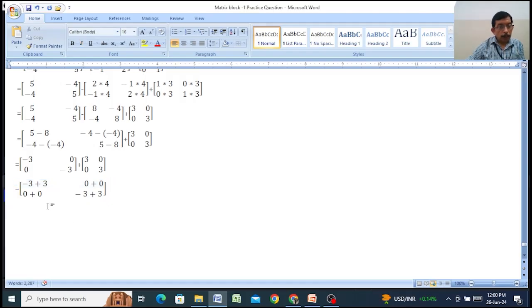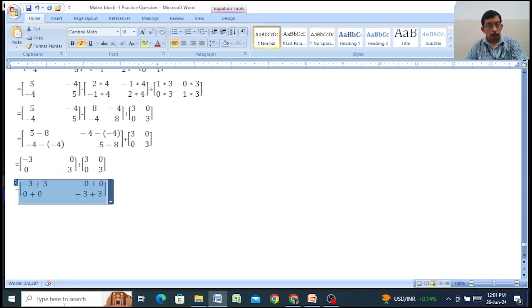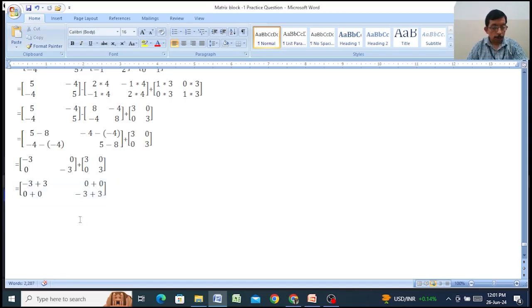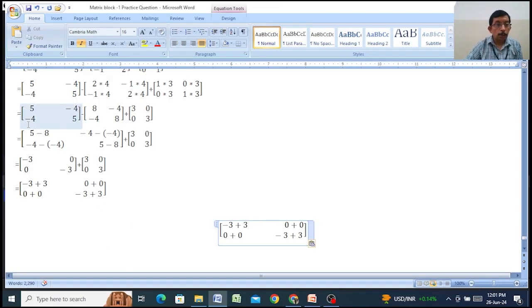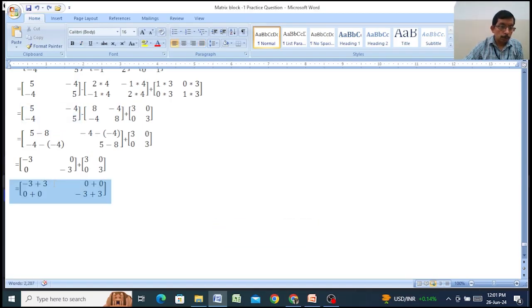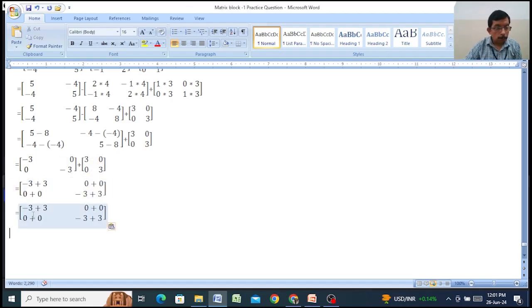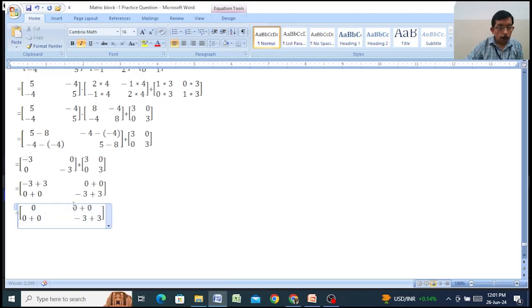Now simplify in the last step. Minus 3 plus 3, 0, note down in the same position. 0 plus 0 is 0, note down in the same position. 0 plus 0, note down in the same position.